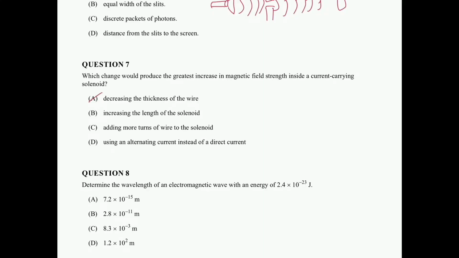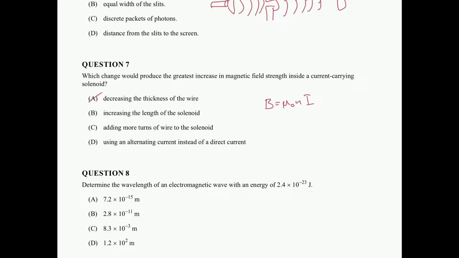We know if we increase the number of coils, however, so this is going to lead into option C. So our magnetic field, B, is equal to μ N I. We know if we increase the coils, we're going to also increase the magnetic field.